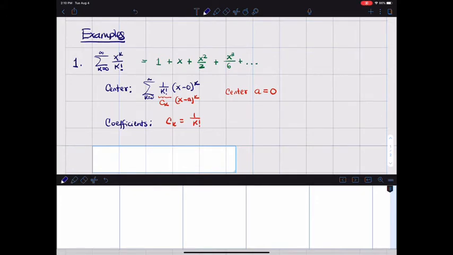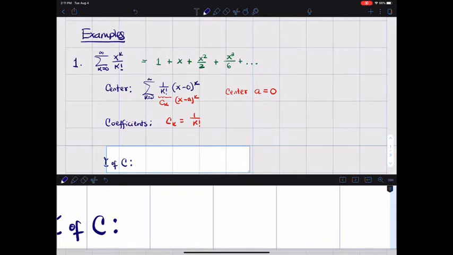Okay. So the center of the power series we just did is 0, and the coefficients are 1 over k factorial. So let's go for the interval of convergence. I'm going to just say I of c. I just made that up. Let's use the ratio test, and I'll show you how.